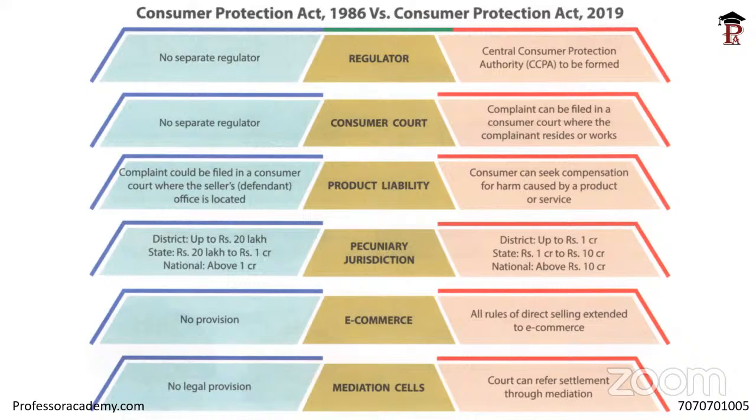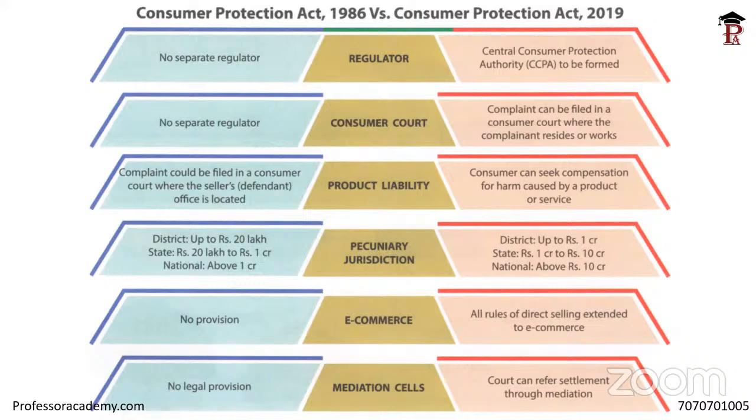What it was, no, there was no separate regulatory body, and there was nothing where you could go and file your complaint. But in the 2019 Act, they have said that a complaint can be filed in a consumer court where the complainant resides or works, making it more convenient for the consumer.